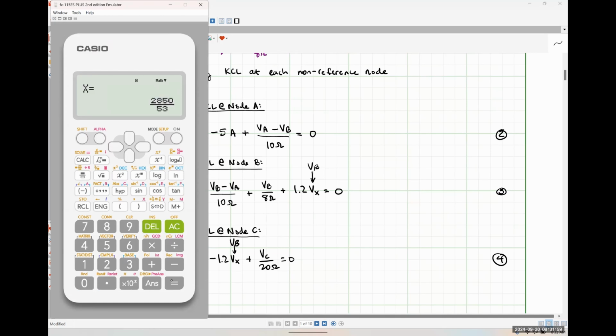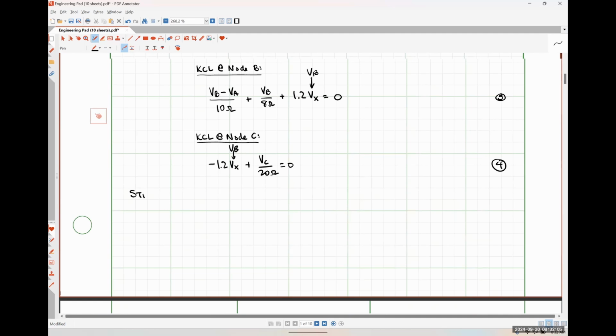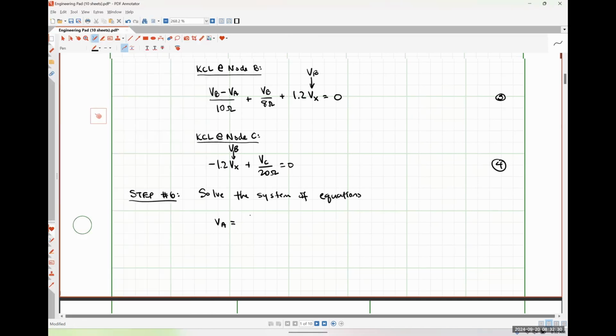So it's telling me that VA is 2850 over 53. So let me just put down here, step number 6, solve the system of equations. So we found VA to be 2850 over 53.